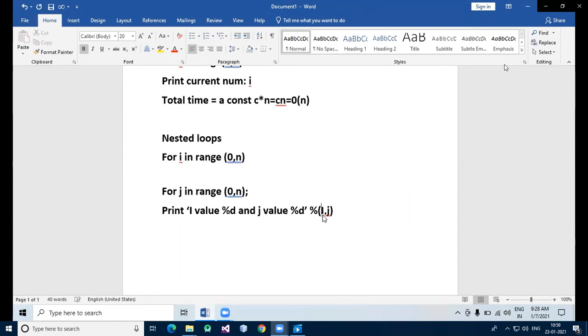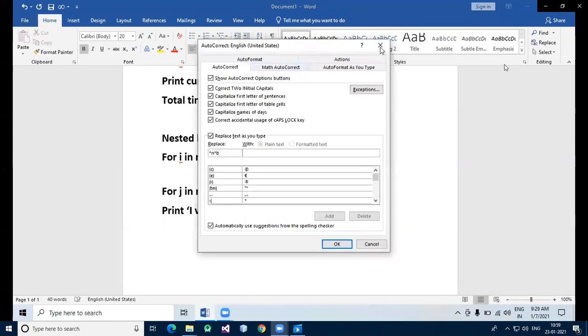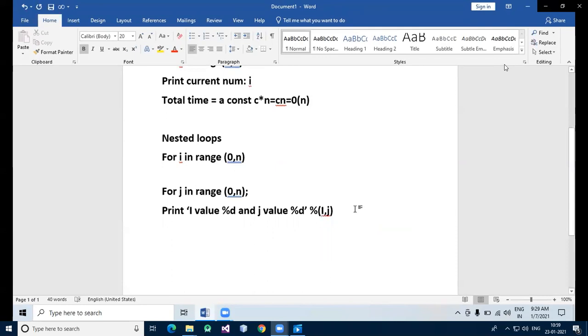Therefore, total time is equal to C into n into n, that is nothing but C n square, which is O of n square.